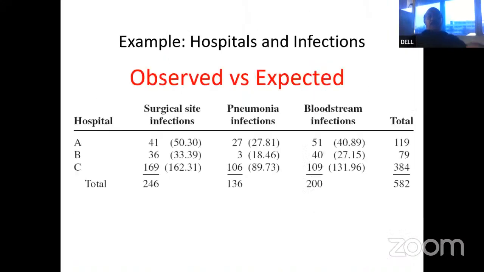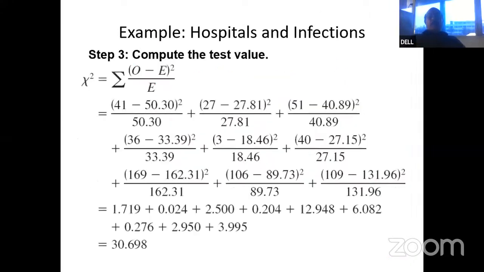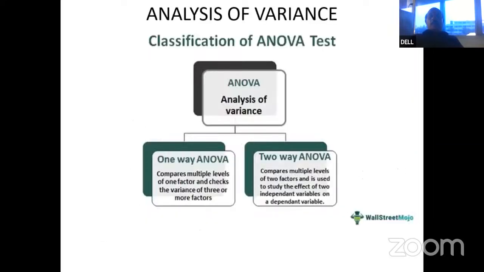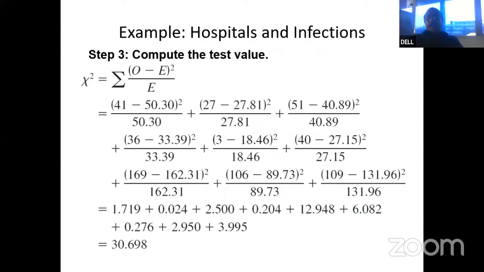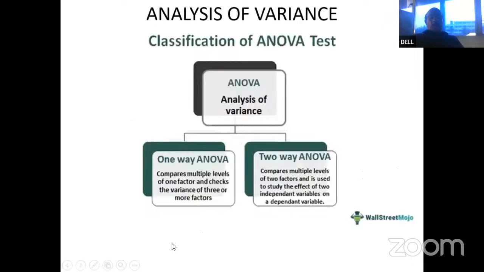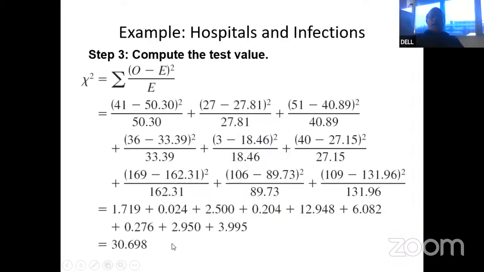Here we place observed and expected frequencies, and based on that we calculated the chi-square value, 30.698.